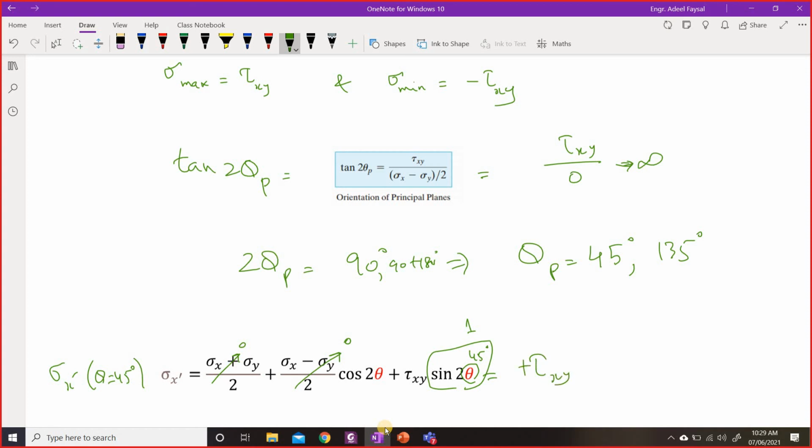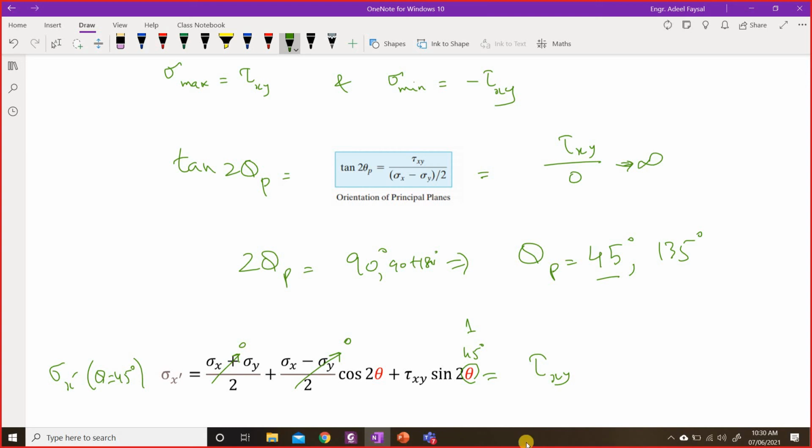This is what I wanted to see when I put 45 degrees in this expression, whether I get plus tau xy or minus tau xy. So you get plus tau xy. If we had substituted 135 degrees, it would have been 2 times 135, which means 270 degrees, and sine 270 degrees would have been minus 1, and you would have got minus. But in this case, it is plus tau xy.